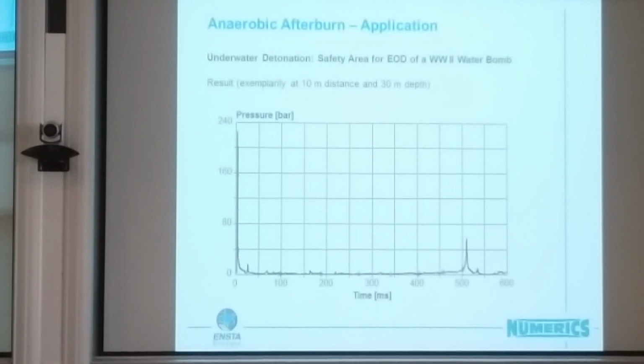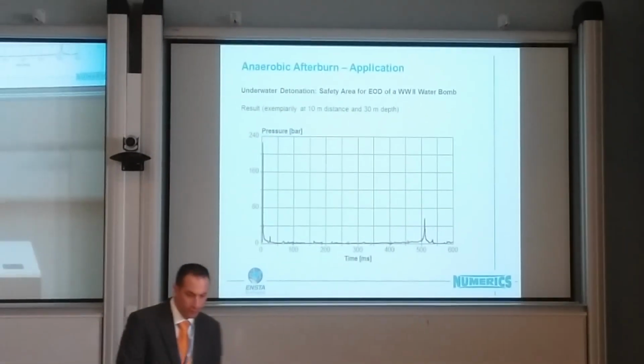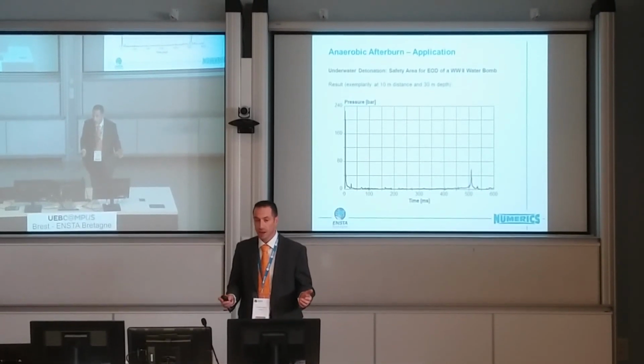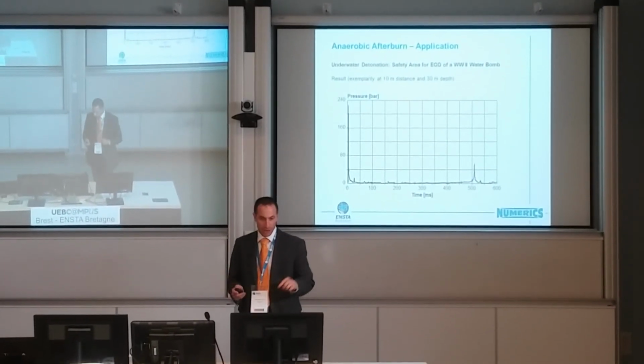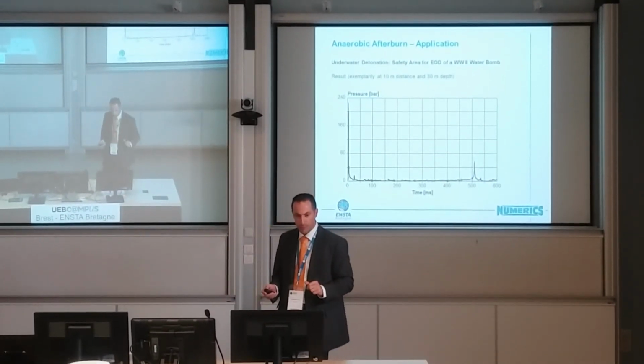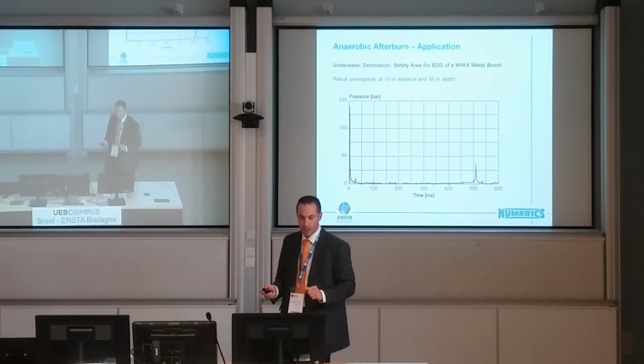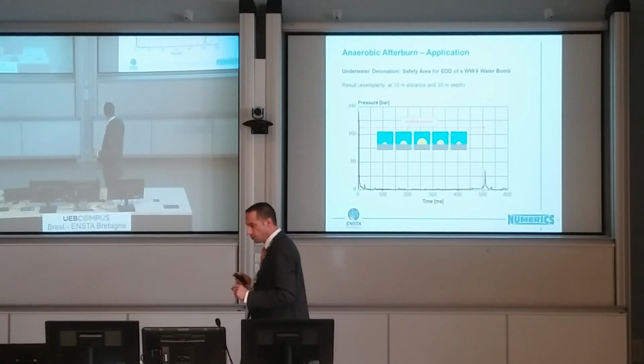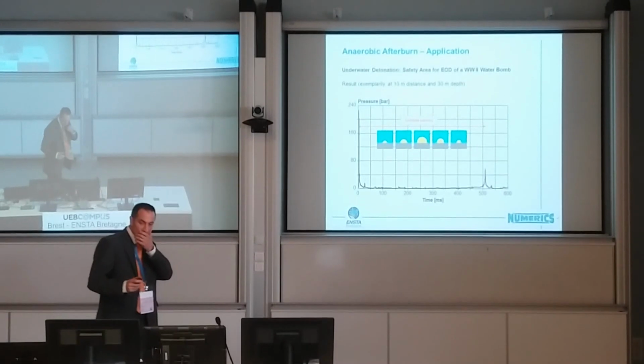So what we get when we have simulated this is a pressure time history, and we have already seen something quite similar from the experiments. This is the numerical result. Again, we have here the bubble period.